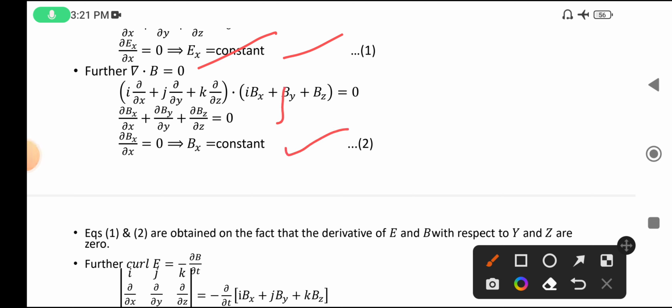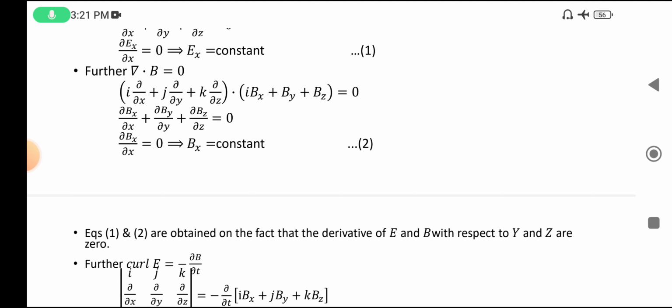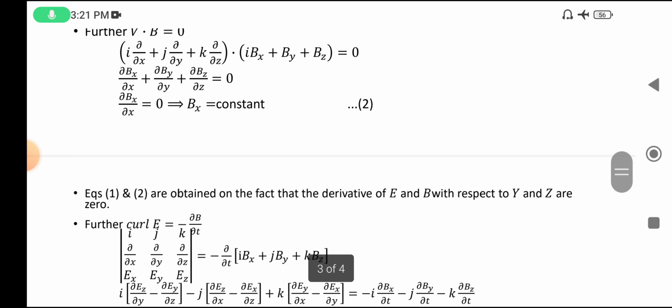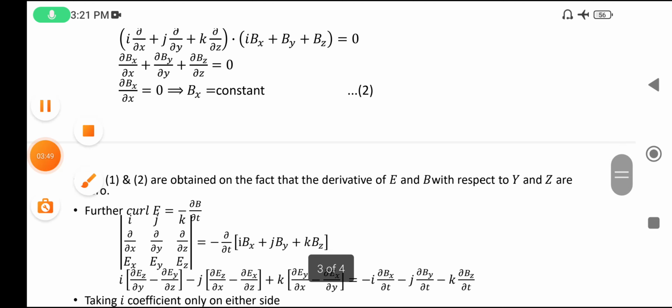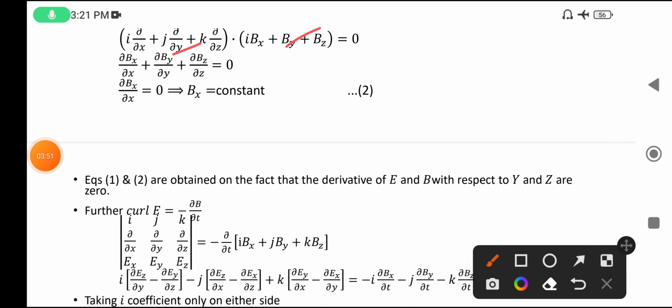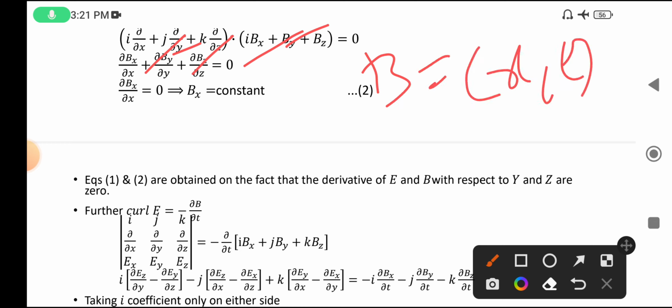And here also j and k are not written. Please write them, don't forget, sorry for this mistake. Take the dot product on both sides and write it. Here also this term and this term are 0. Why? B is a function of time and distance, but here we have only the distance, so these two components are 0.